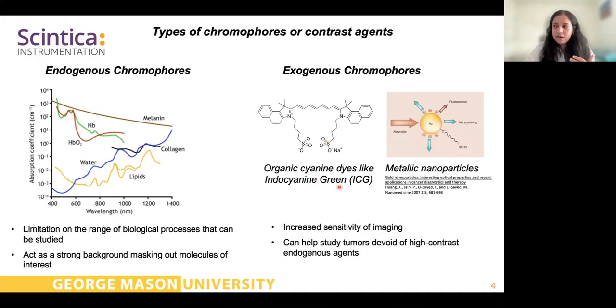The main advantage of exogenous chromophores is that they increase the sensitivity of imaging, giving you images with better contrast, and they can sometimes help study tumors that are devoid of high contrast endogenous agents. So there are certain advantages of using exogenous chromophores, based on what you want to study.